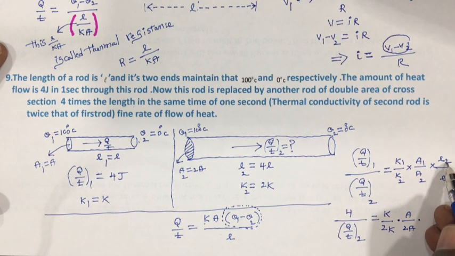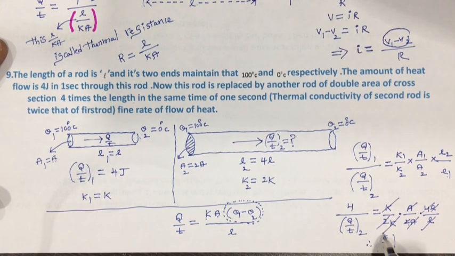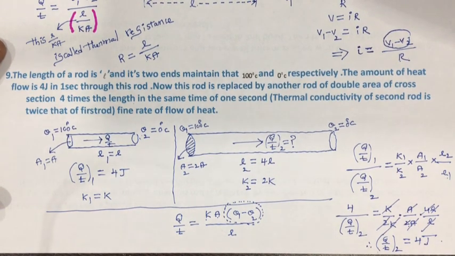Next L2 is 4L, L1 is L. After cancellation, L cancels, A cancels, K cancels, 2 twos are 4, cancel, all are cancelled. So therefore the rate of flow of heat in the second rod is equal to 4 joules. So this is the problem.